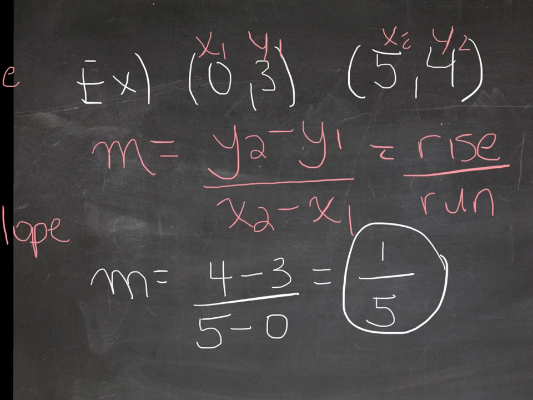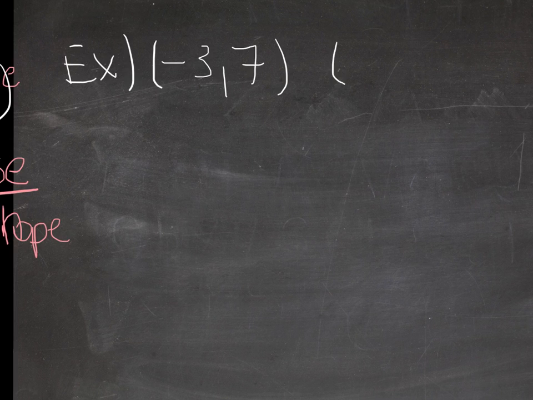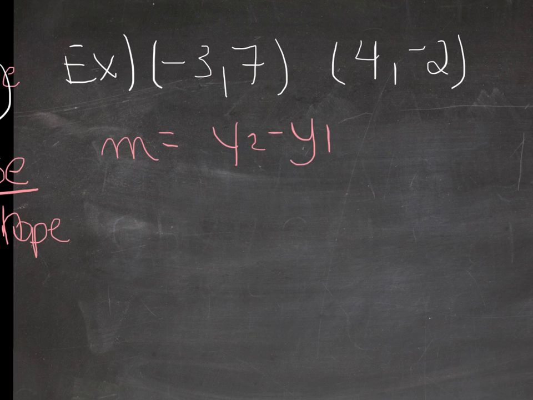Okay, let's look at another example. Say I'm given 2 points again. Say I have negative 3, 7 and 4, negative 2. I'm going to use that formula that I saw before, where I have y2 minus y1 over x2 minus x1.